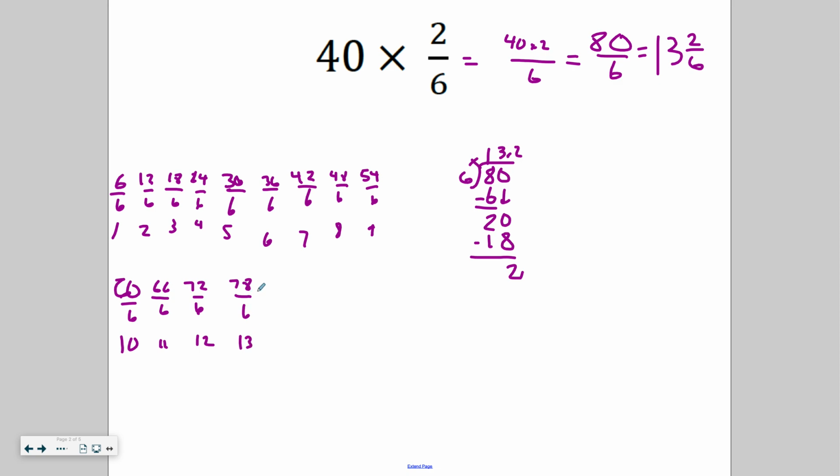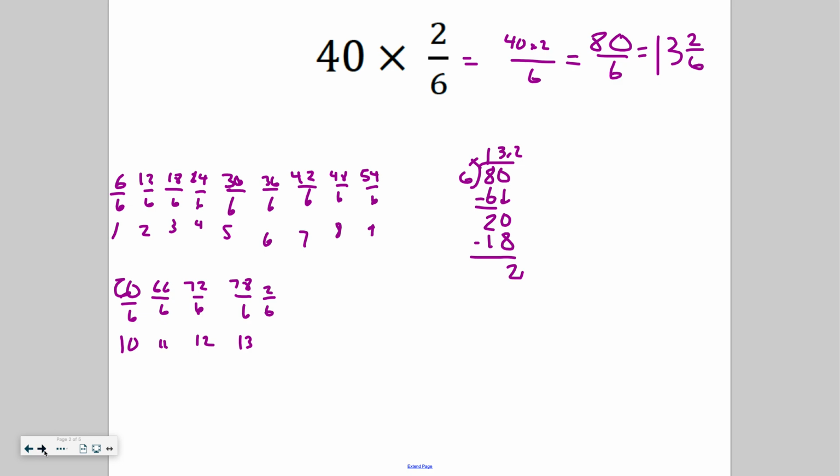And I'm going to stop here because I'm only trying to get to 80. If I add another whole, I'm going to end up at 84 sixths, and that's too much. So to get from 78 sixths to 80 sixths, I only need 2 more sixths. So if you notice, I still have 13 wholes and 2 sixths, so I still get 13 and 2 sixths.